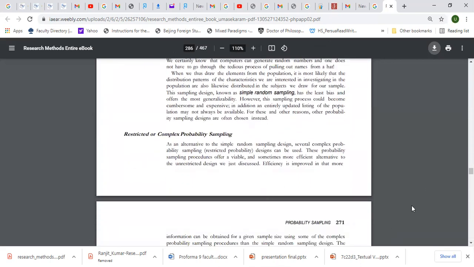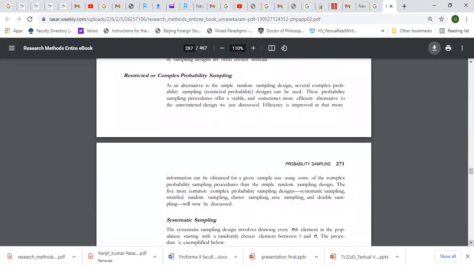Then we have another type, which is called restricted or complex probability sampling. This type of sampling is the opposite of the simple random sampling design, in which we use more complex ways of probability sampling, and there are different types of it, which would make it clear what complex probability sampling is.